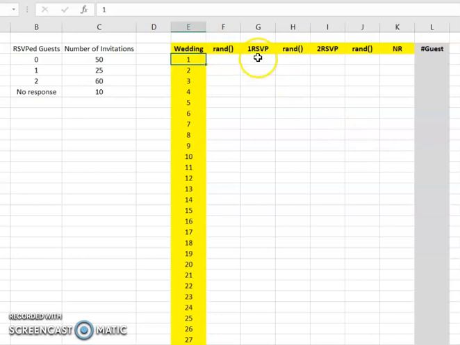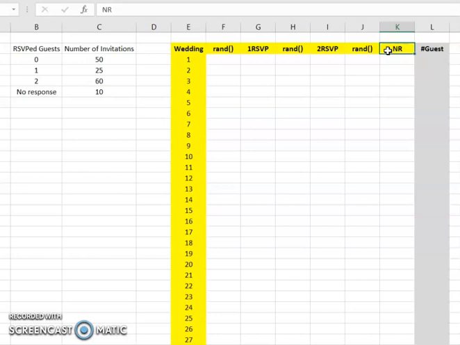One is the people who RSVP'd as solo. Here is the people who RSVP'd with a companion, and here the people who didn't reply, didn't respond. So NR is no response.